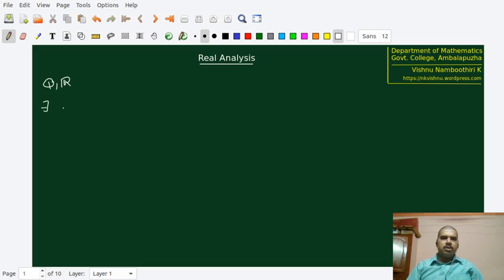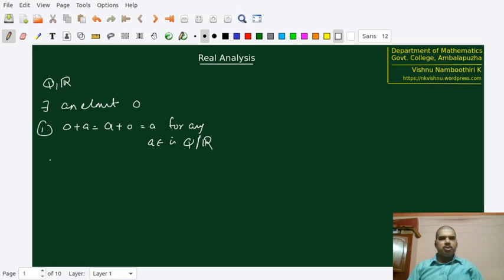There exists an element in these two sets called 0 such that 0 + a = a + 0 = a for any a in Q or R. This property is known in algebra as the existence of additive identity. But even before that, remember that the addition of two real numbers is a real number.